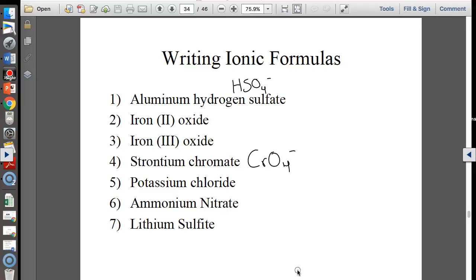That's the reason they bonded in the first place, so they would become neutral. There should be no plus or minus signs in these answers.